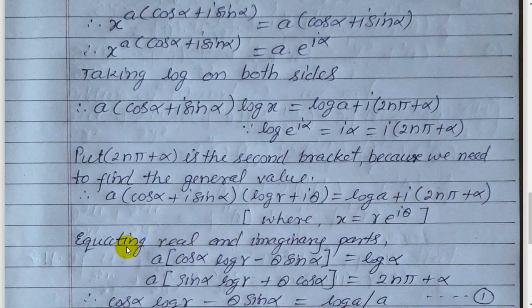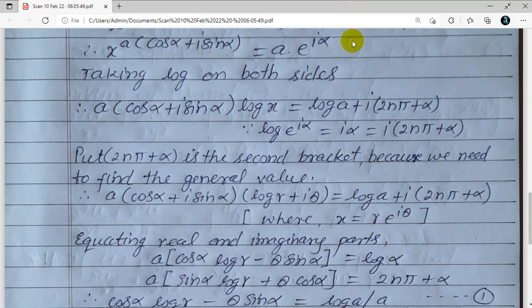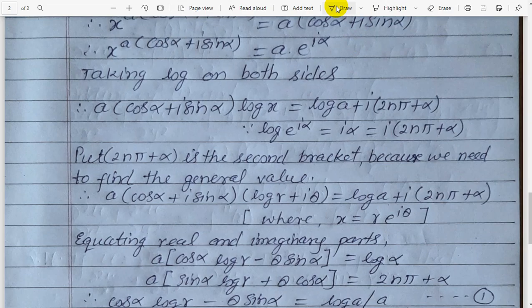comparing or equating real and imaginary parts, we get a into (cos alpha into log r minus theta sin alpha) equals log of a, which is the real part. Sorry, it is log of a, not log alpha.